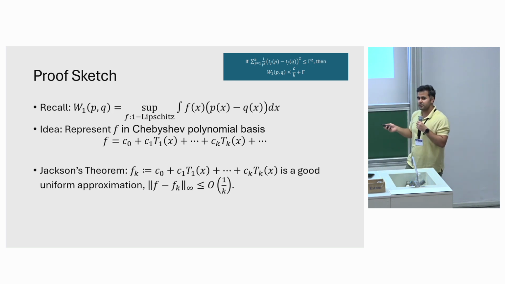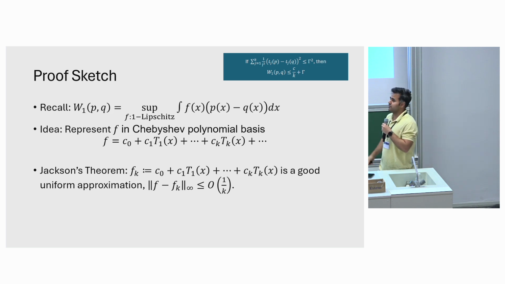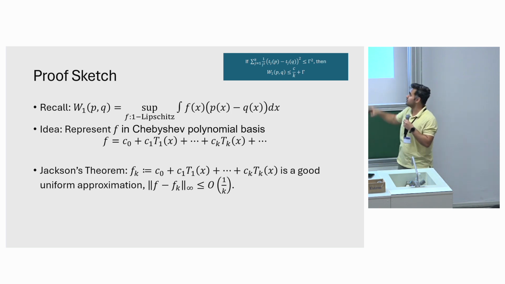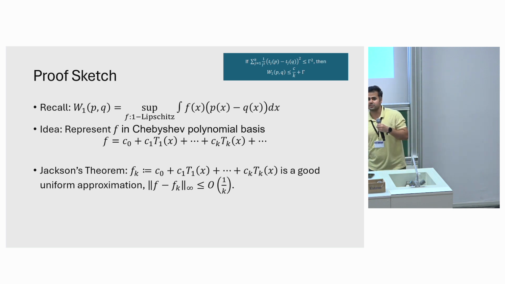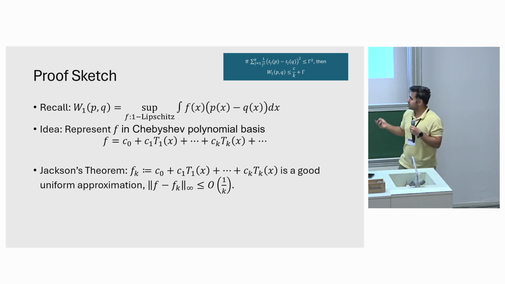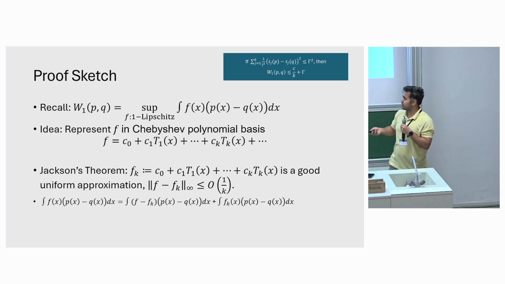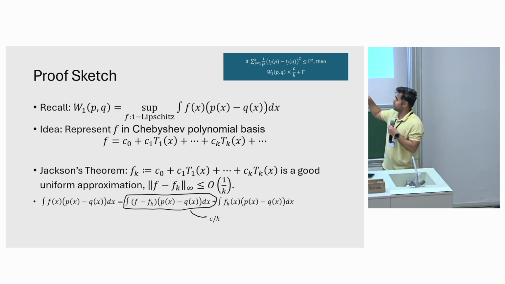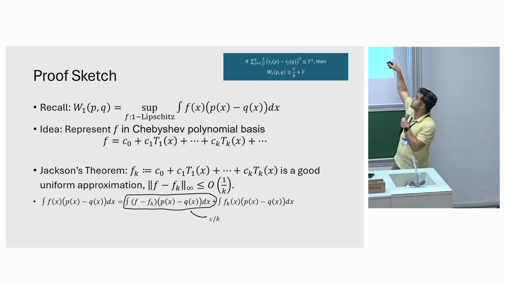A famous result in approximation theory says that if you truncate this infinite series to just k plus 1 terms, so now f_k is just a degree k polynomial, then f_k is a good pointwise approximation to f. So you do the usual trick of writing f as f minus f_k plus f_k, and because the infinity norm of f minus f_k is small, you can bound this term by c over k. That's how you get the c over k term in the theorem.